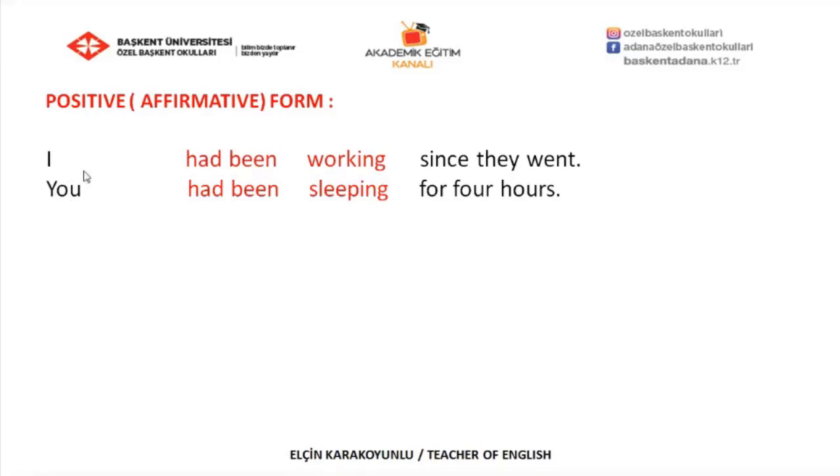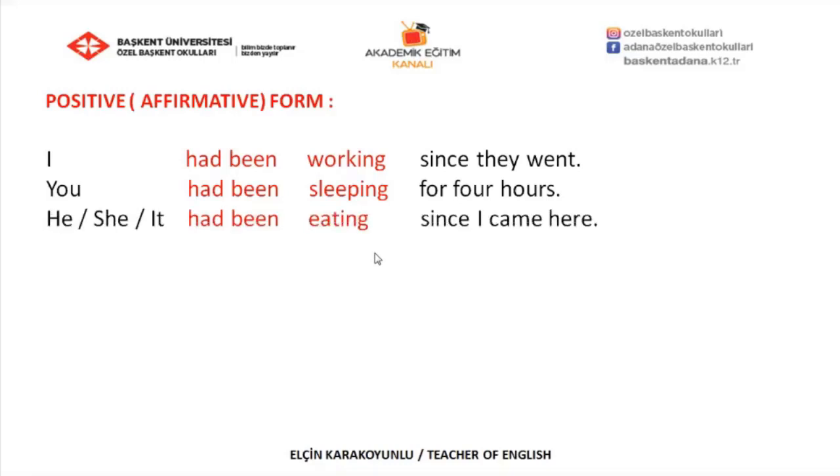Again, we use you at the beginning of the sentence, and then after you, we use had, and after had, we always use been and the ing form of the verb. You had been sleeping for 4 hours, or he or she or it had been eating since I came here.